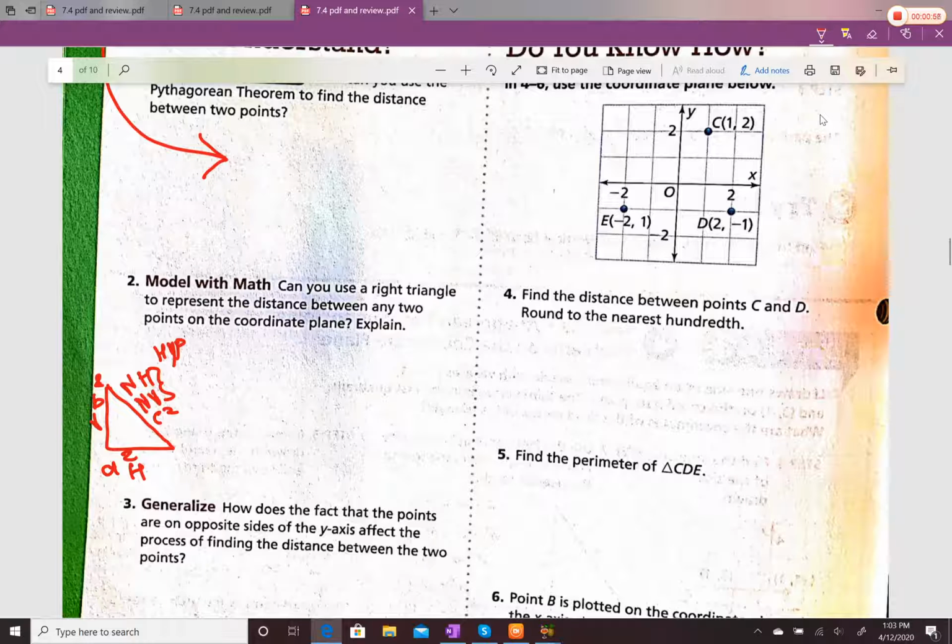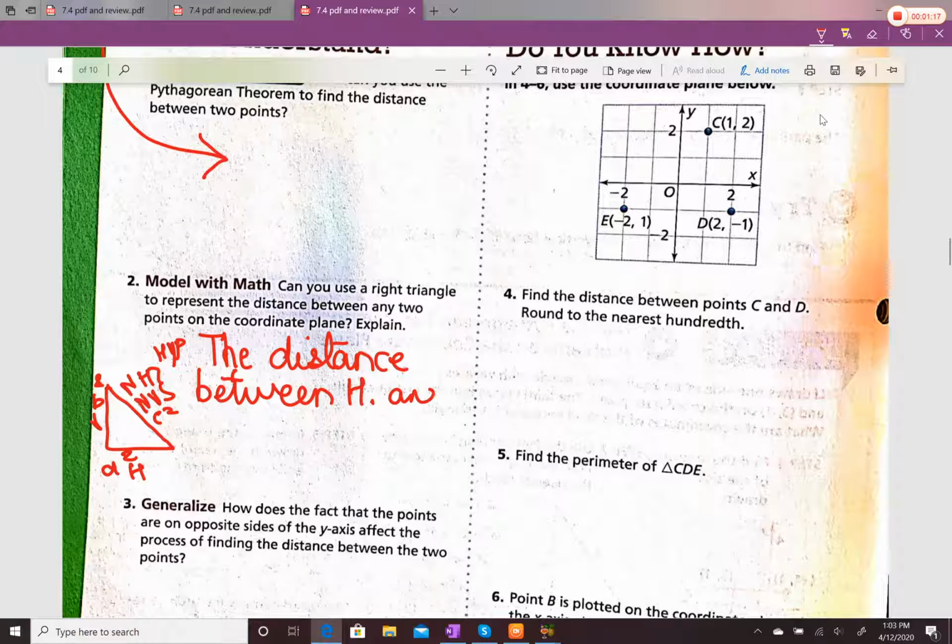Okay, but we can just write the distance between the horizontal and vertical line, and I'll just write H for horizontal and V for vertical, so you know what the spelling is.